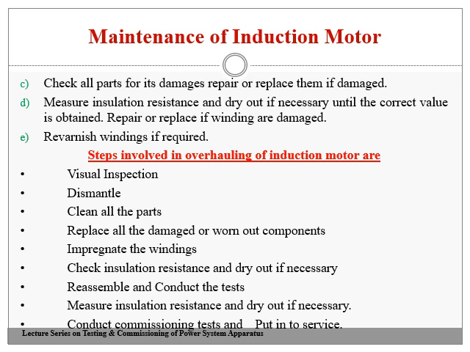The steps involved in the overhauling of an induction motor are: visual inspection first, then dismantle it completely, and clean all the dismantled parts thoroughly with chemical solvent wherever required.